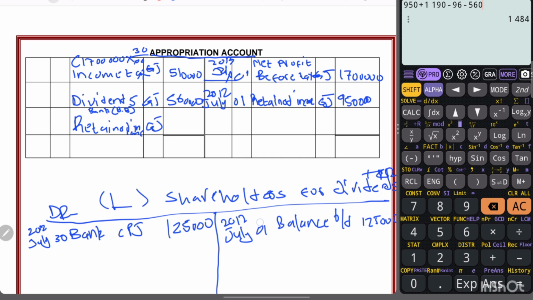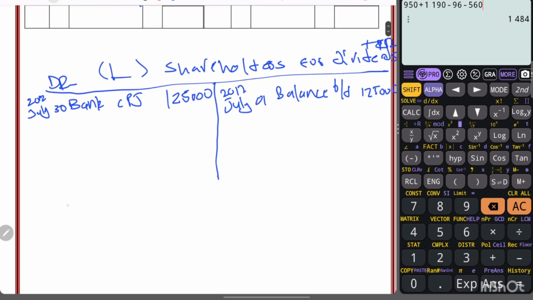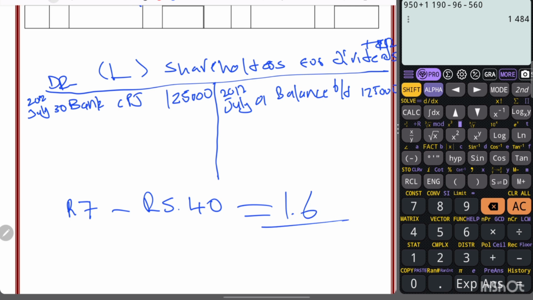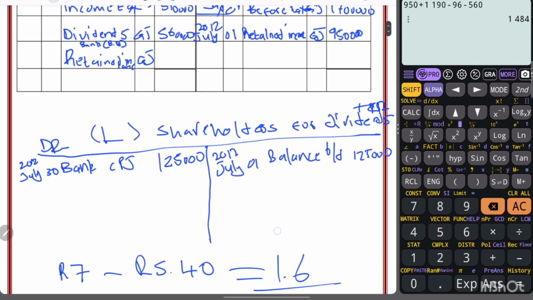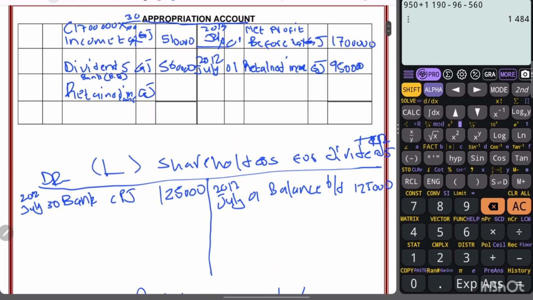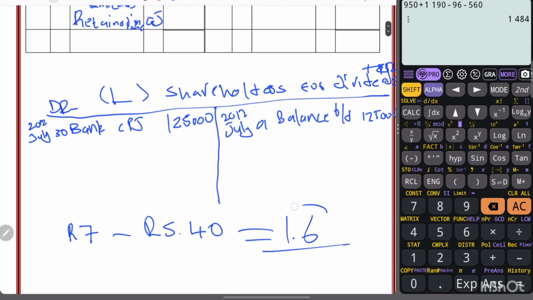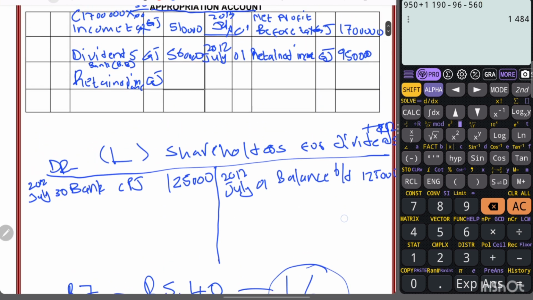Remember we spoke about the price for buying back. The shares were repurchased at 7 rand, but the average price was 5.40 rand, and the difference between the two is 1.60 rand now. Then here it means that the 1.60 rand will come from the return income.